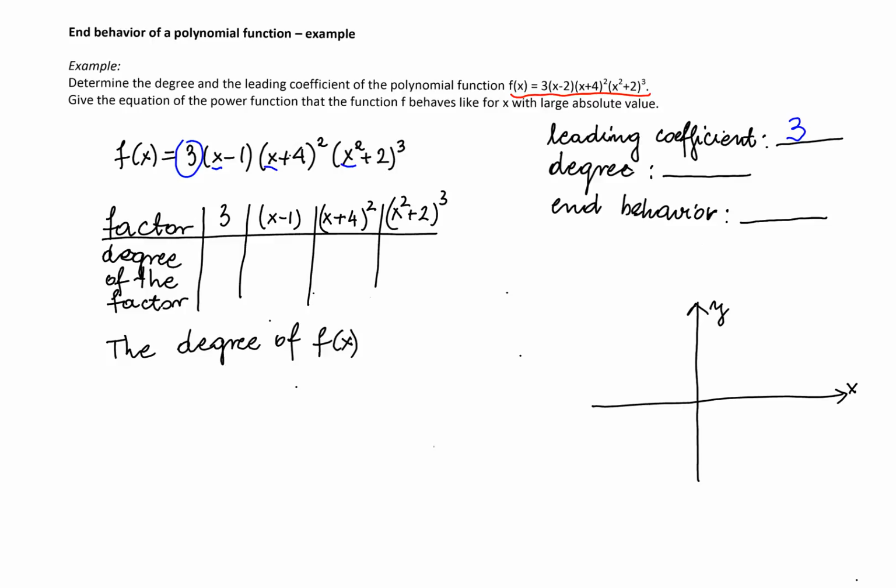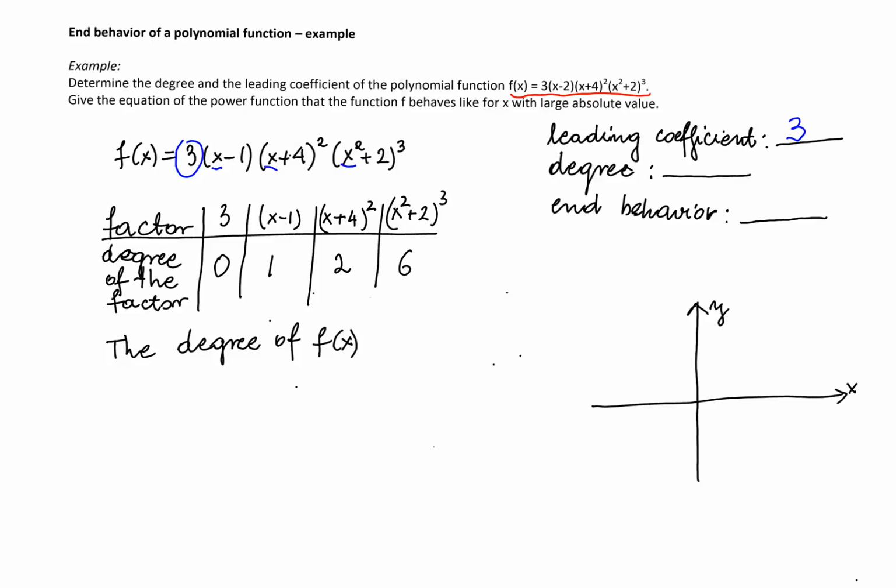The 3 has degree 0. The x minus 1 factor has degree 1. (x plus 4) squared has the degree 2, and (x squared plus 2) cubed has the degree 6, because this is the third power of x squared plus 2. Each factor has the exponent 2 or degree 2.